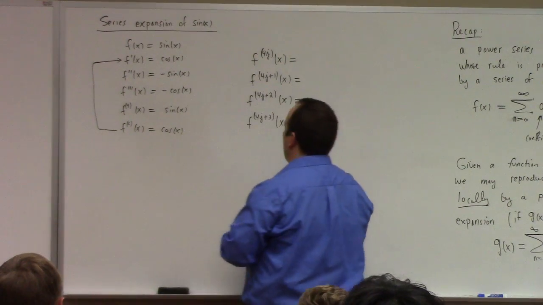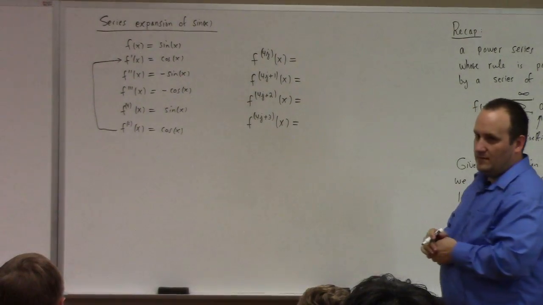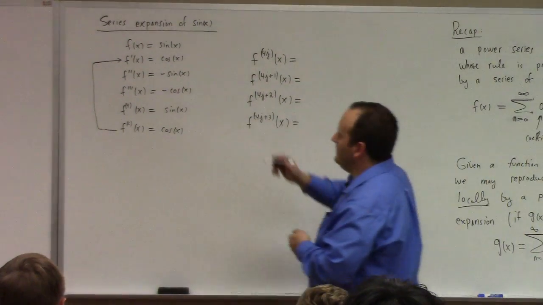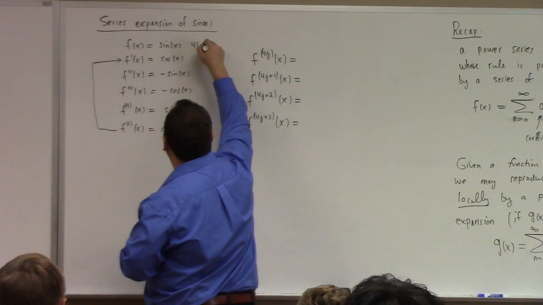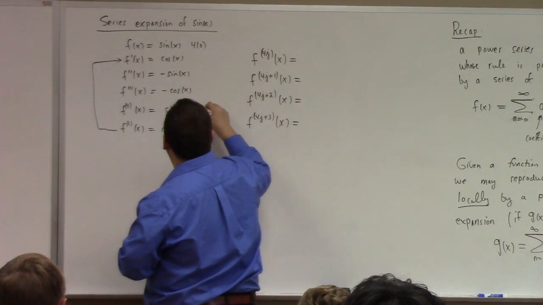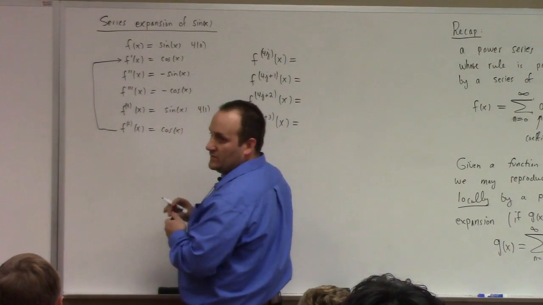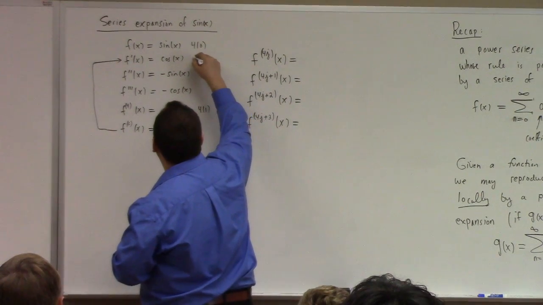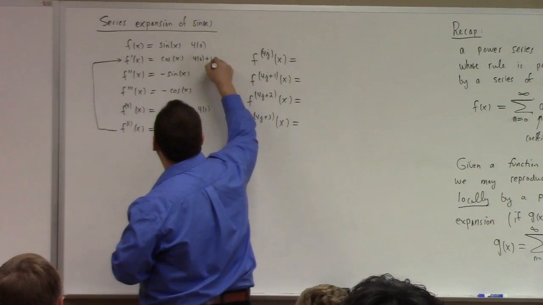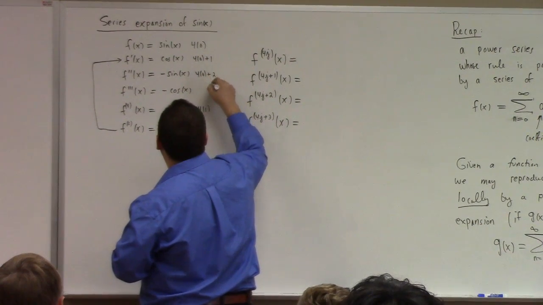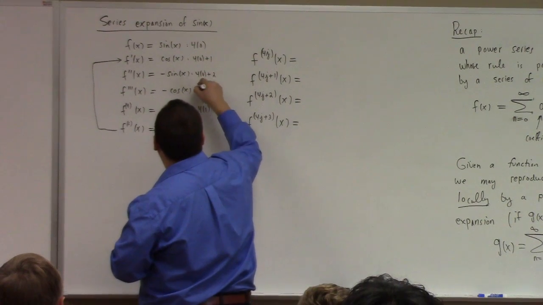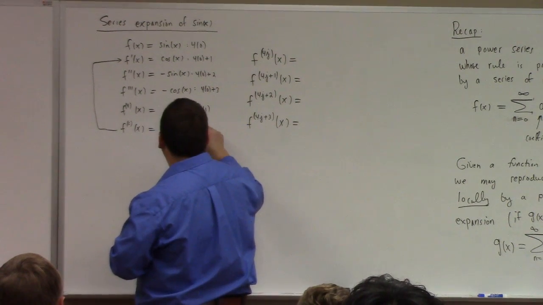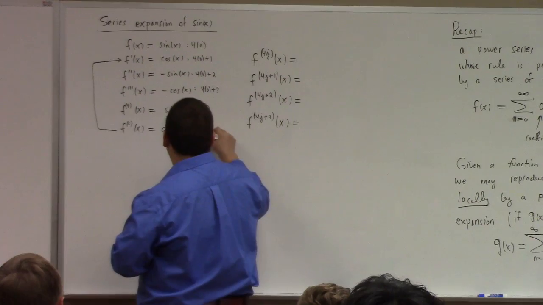I mean, this is the pattern. So this is 4 times 0. This one is 4 times 1. So this guy is like 4 times 0 plus 1. This is 4 times 0 plus 2. This is 4 times 0 plus 3. This down here would be 4 times 1 plus 1.